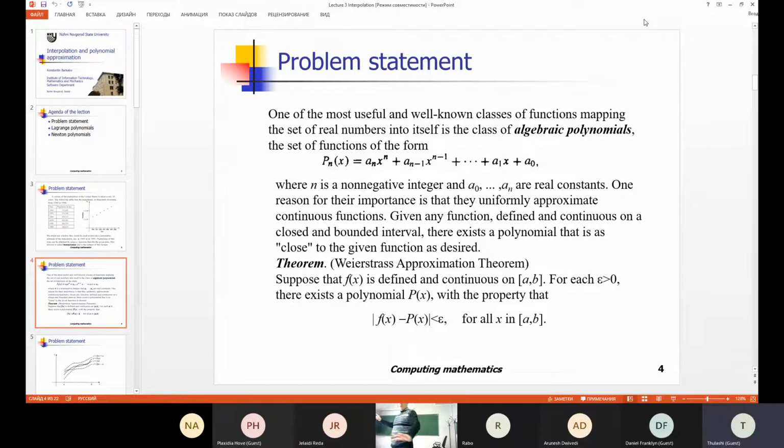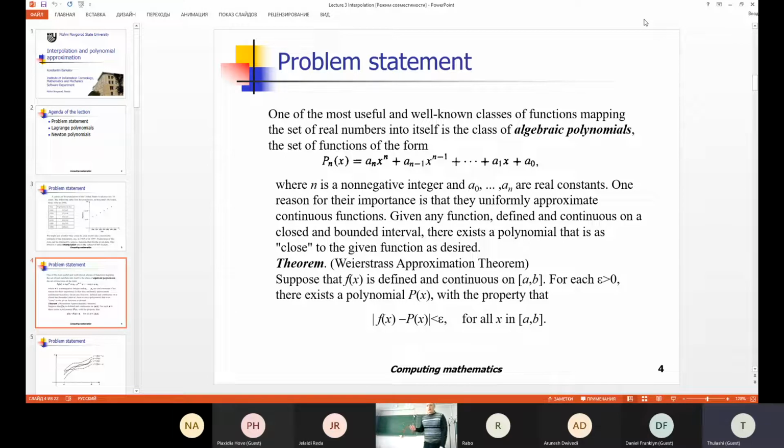I write this theorem on this slide, without any proof, just as a fact. This theorem briefly summarizes what I already told you.